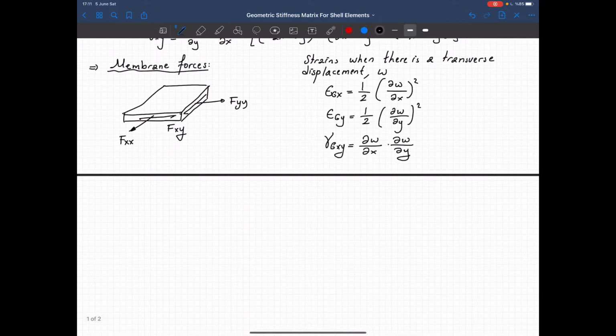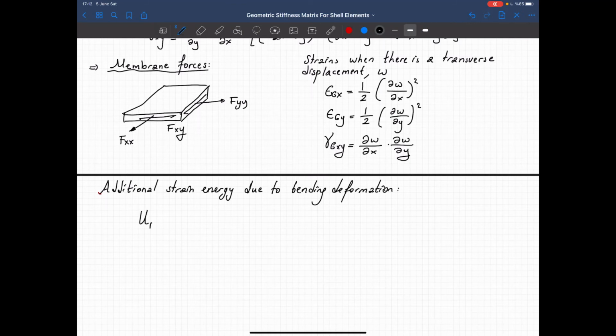So the strain energy, or let's call it the additional strain energy due to bending deformation, will be as follows. So let's use the same.